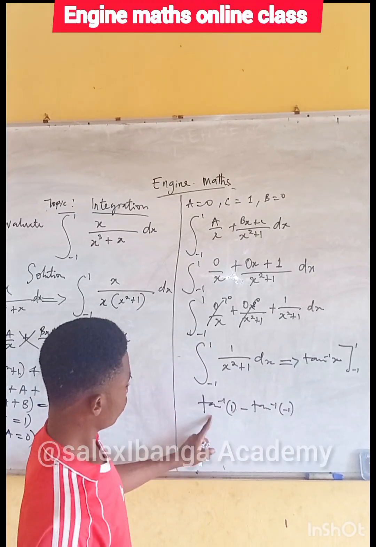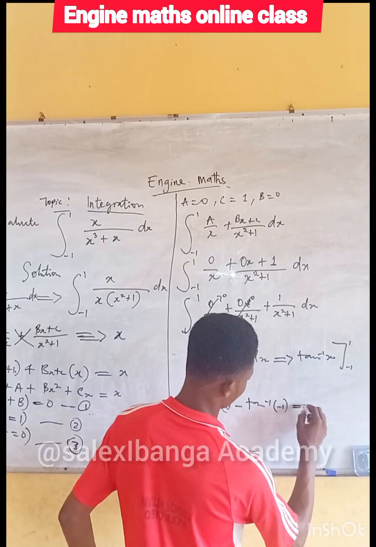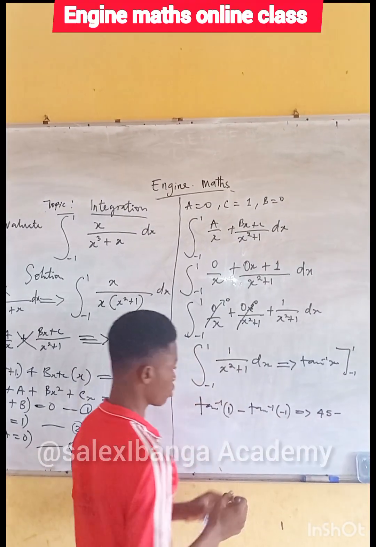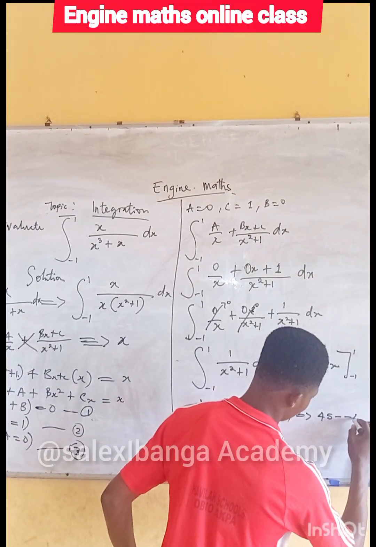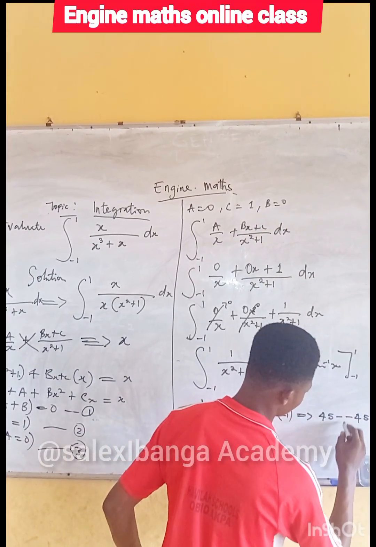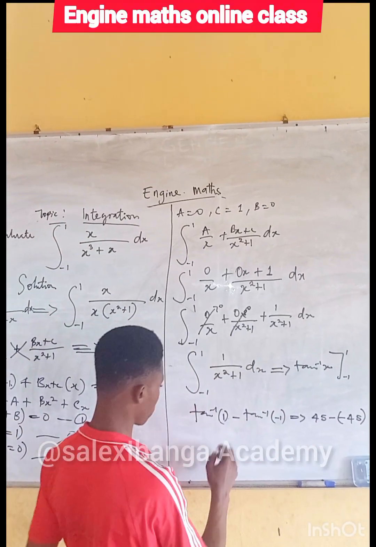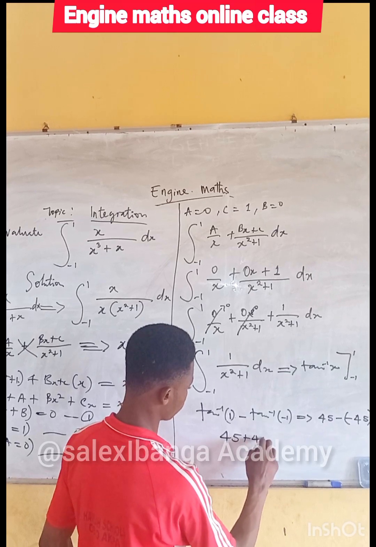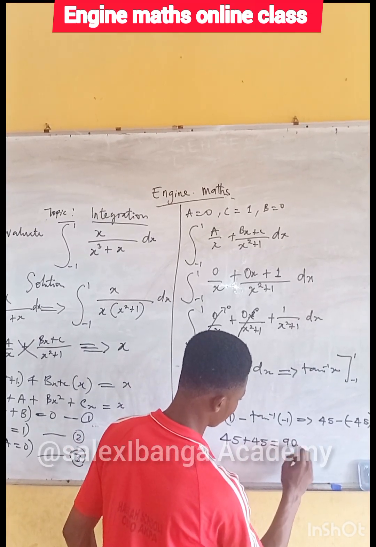My people, tan inverse of 1 will give us 45, minus tan inverse of minus 1 will give us minus 45. Minus times minus is plus. So 45 plus 45. So here our answer equals 90.